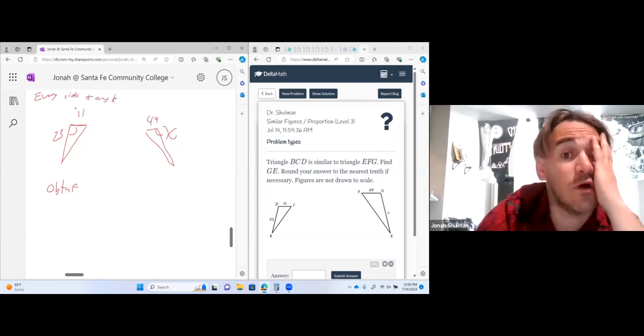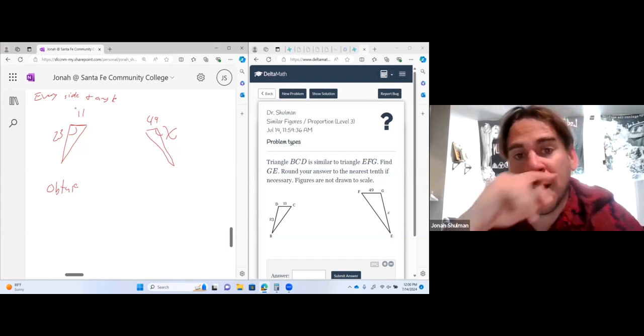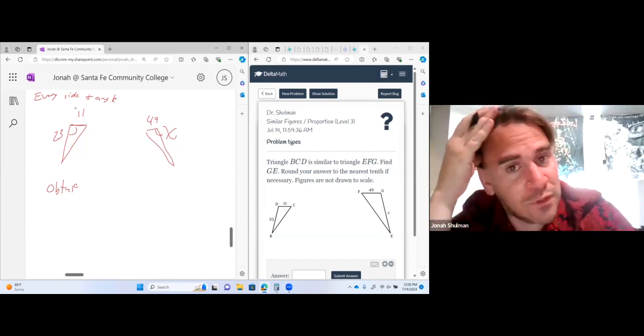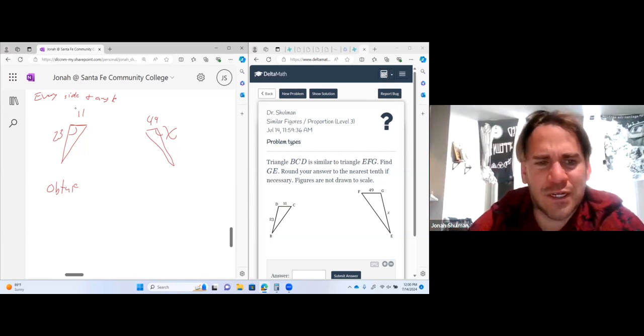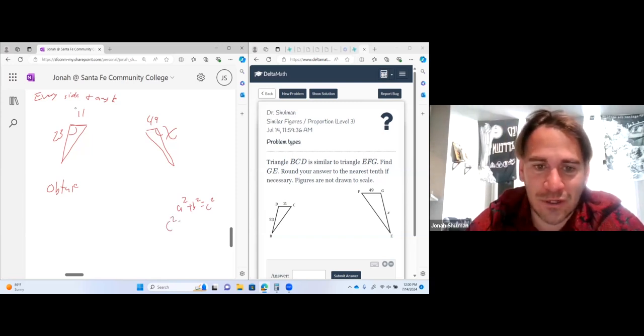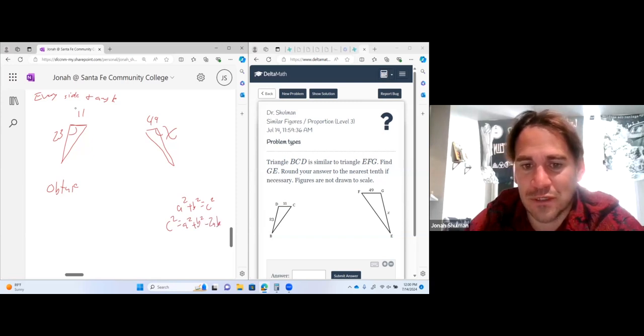This involves what's called law of sines, law of cosines. If you're curious, if you want to push your students harder, feel free to ask me. But law of cosines is great. It's literally a squared plus b squared equals c squared. However, because it's not a right triangle, it's c squared equals a squared plus b squared minus 2ab cosine of c. Whoa, sorry.